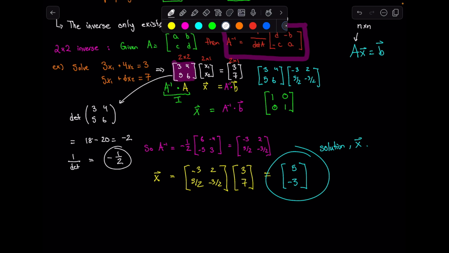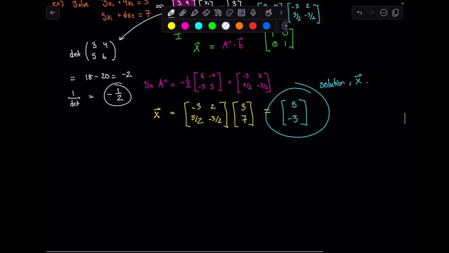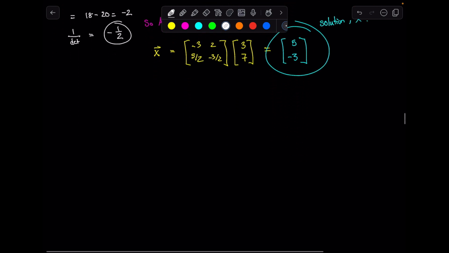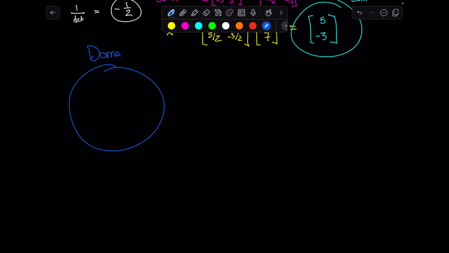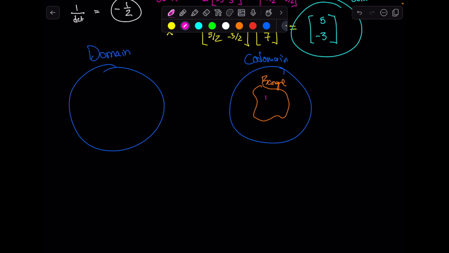But if you think about the inverse as the ability to go backwards, as a transformation, the inverse is doing this. So if we're in our domain, and we have our codomain over here, and maybe we have the range of some transformation inside of it, and we have some different vectors b over here, so b1, b2, b3, and we have some input vectors x1, x2, x3 over here.